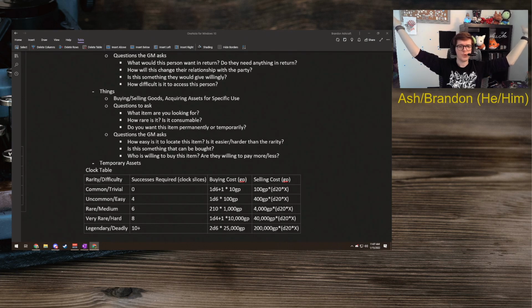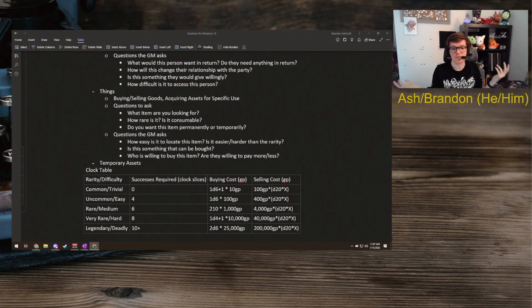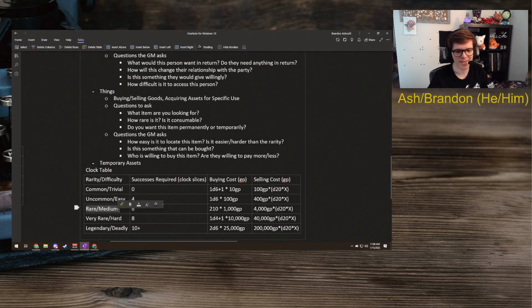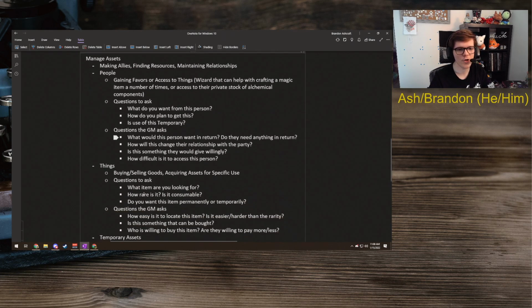So, if I need access to a wizard who I can sell magic items to in the first place, like let's say I don't know who to sell to, so I find this wizard who's really interested in magic items. We'll say that's a rare task to find the one wizard in this big old town who's willing to buy from you. You need 6 successes, so that's a 6-piece clock, and you start rolling.